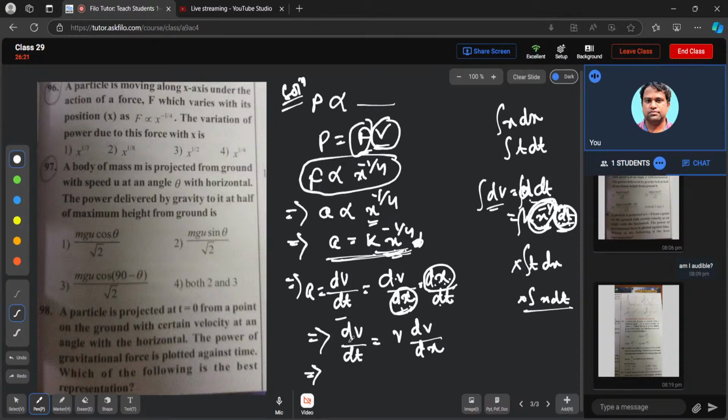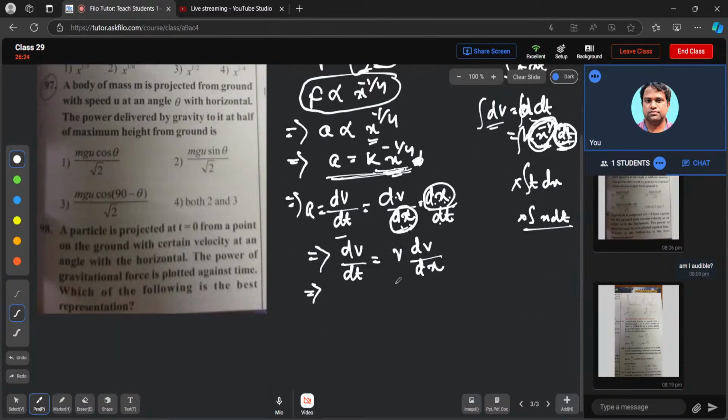Now I need integration. I'll separate all the v and dx separately.